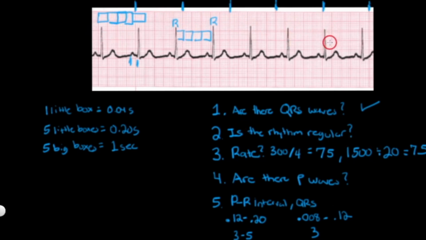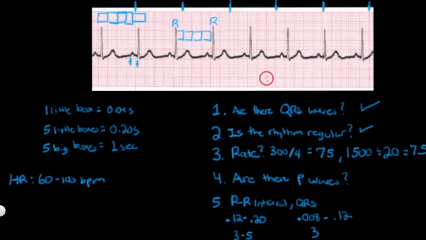They look like they're evenly spaced out, so that's a check there. We already determined that the rate was 75, so we know for a normal heart rate, it needs to be between 60 to 100 beats per minute. So that's good.